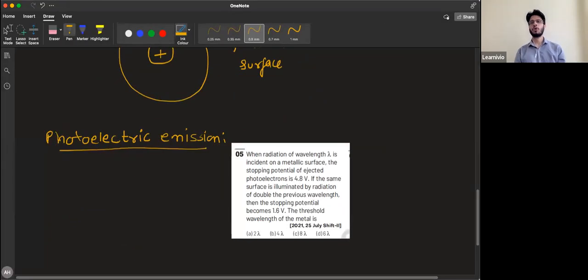More involved numericals will connect photoelectric effect with mechanics.